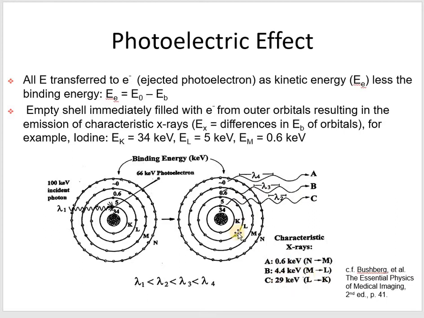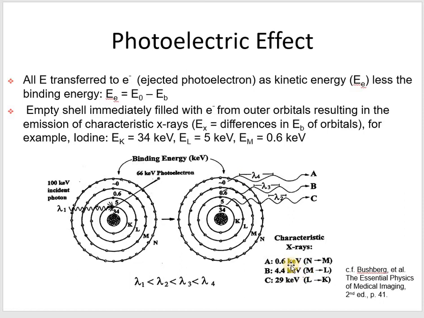If the vacancy occurs at the L shell, and the electron is filled by the M shell, it will be 5 minus 0.6. So these photons, or the fluorescent X-ray, have energy 4.4 keV. If you see correctly, most of the energy of the cascade of photons is too low.